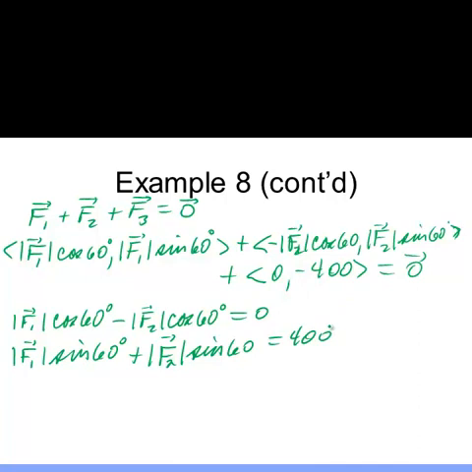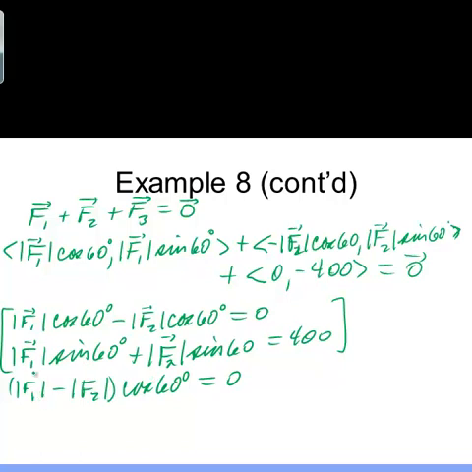Now, we have two equations with two unknowns. Now, from this first equation, you've got magnitude f sub 1 minus magnitude f sub 2. And if you factor out the cosine 60 degrees, that's equal to 0. Now, using the zero factor property, cosine of 60 degrees is not equal to 0.